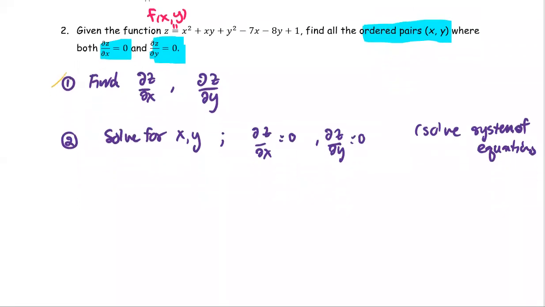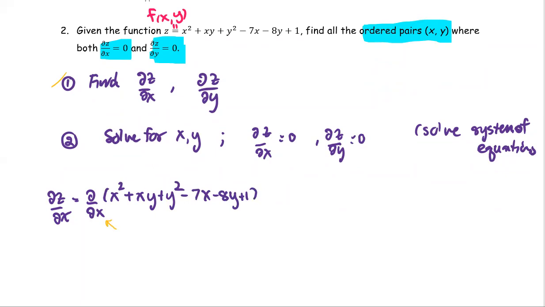From the z, you can use notation f if you want. So for the partial derivative with respect to x of the quantity x squared plus xy plus y squared minus 7x minus 8y plus 1, your goal is to find the derivative with respect to x. Where is x? x right here, x right here, x right here.